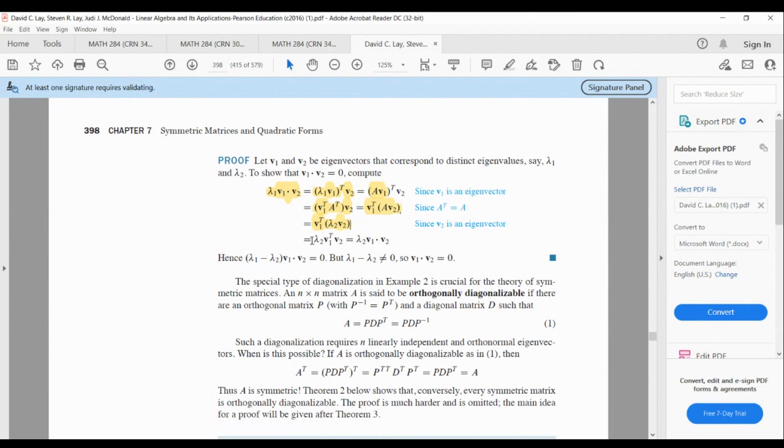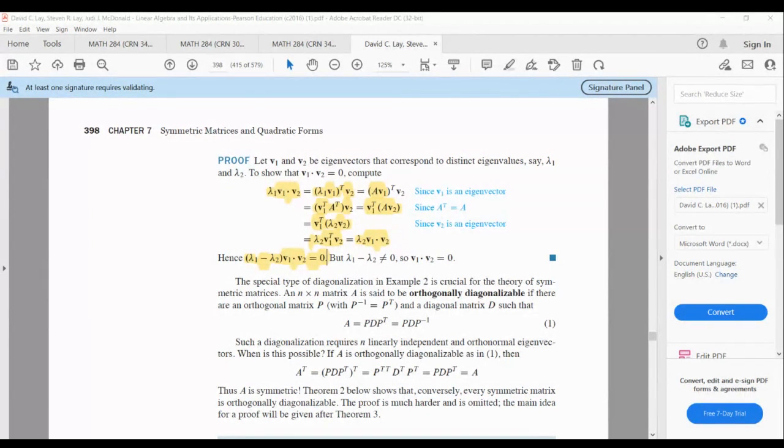But we can factor out the lambda 2. And so lambda 1 times the dot product of V1, V2 equals lambda 2 times the dot product of V1 with V2. If you subtract lambda 2 times that dot product to the left side, you're going to get lambda 1 minus lambda 2, that quantity, times the dot product equals 0.